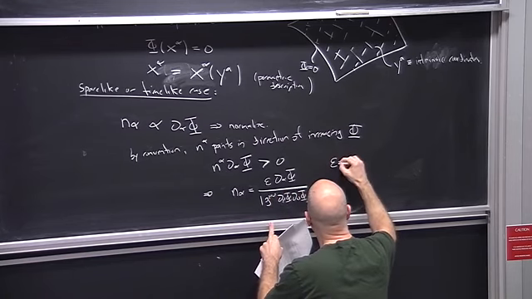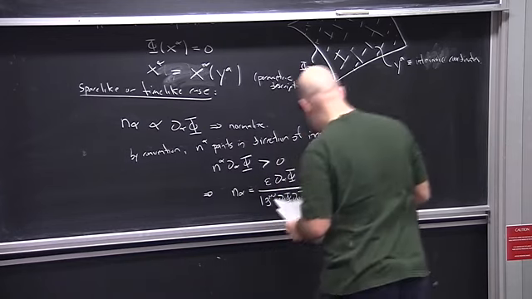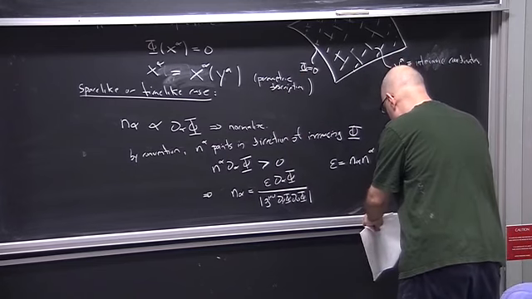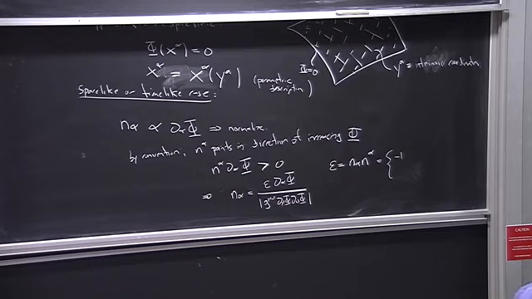Epsilon is the inner product of n with itself, and it's equal to -1 if the normal is time-like, which means that the surface is space-like.